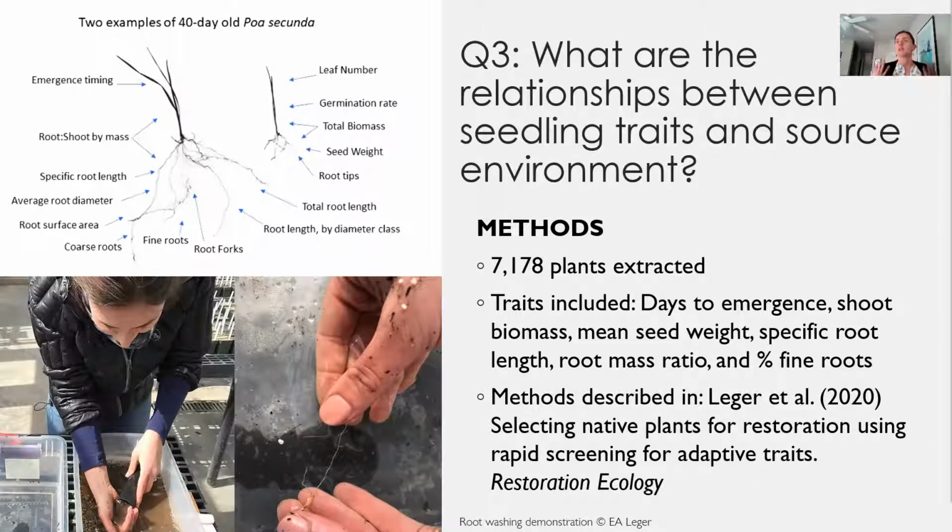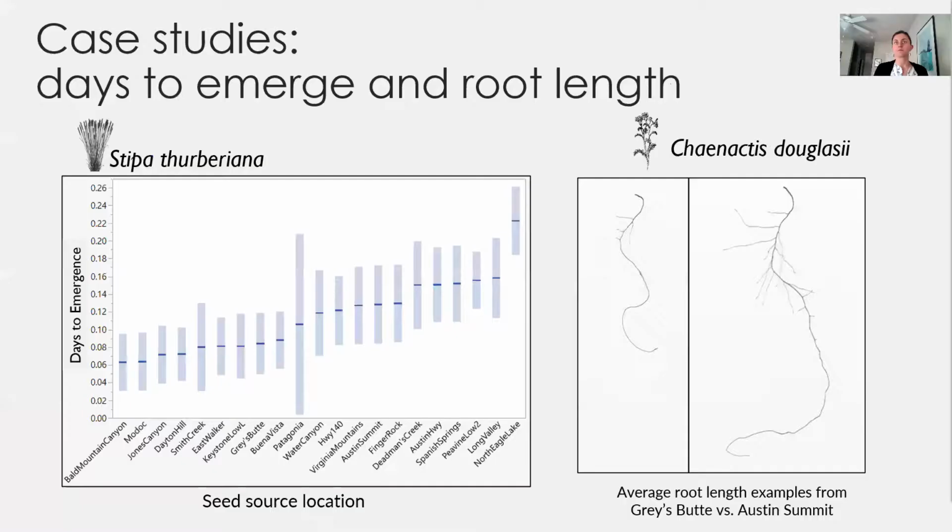Our team collected over 7,000 seedlings at very specific ages, and then scanned them to collect all of this fine scale data that I list in this upper figure. And if you're really curious, we just published this paper in Restoration Ecology that really details how we found these native plant traits and how other people in their systems could also use similar methods.